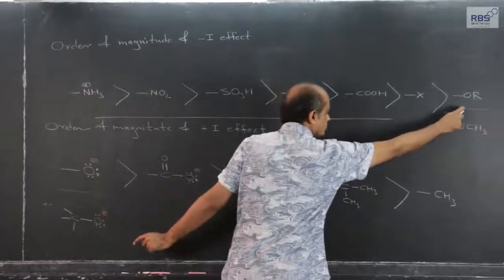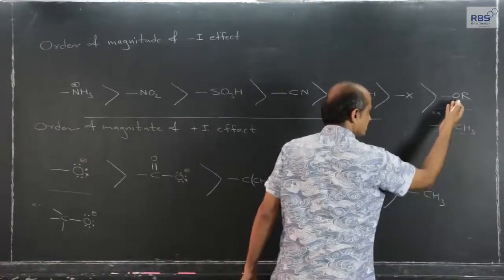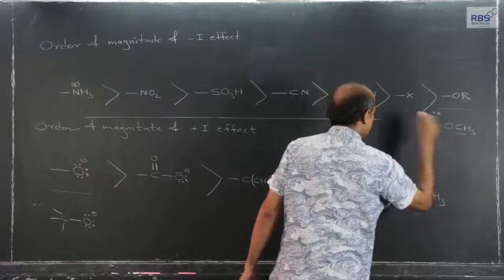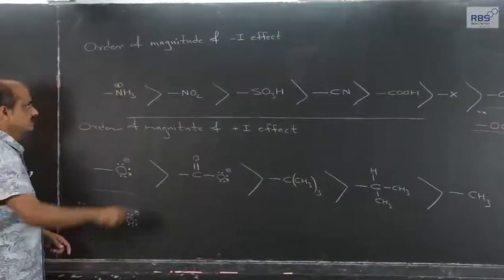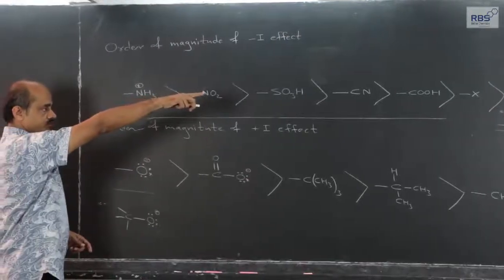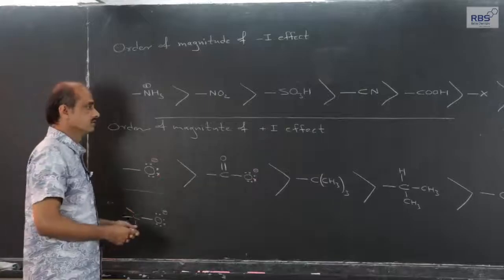and this group which shows negative inductive effect, for example methoxy, this is a general alkoxy, methoxy, there is a difference. Methoxy group, in general alkoxy group, it can be ethoxy or propoxy also.